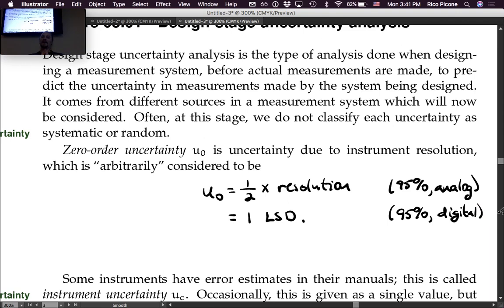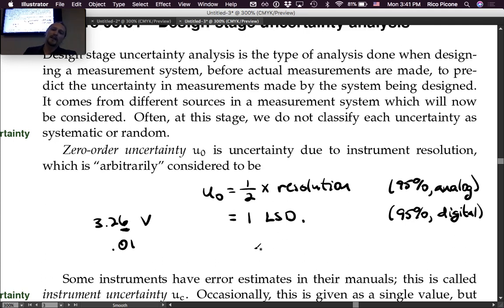So if you're looking at a digital readout, and it's got 3.26 volts, this is the least significant digit, 0.01. 0.01 is the zero order uncertainty.